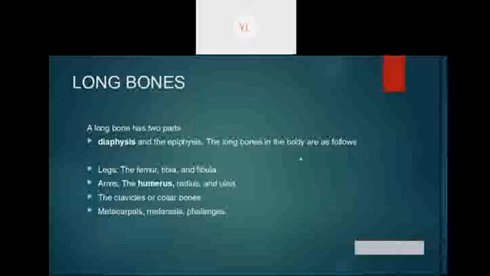The long bones in the body are as follows. I've already said before, in the legs we will get the femur, tibia, fibula. All this we will come to one by one. This is just the names that I'm giving you now, and you can note it down if you want.